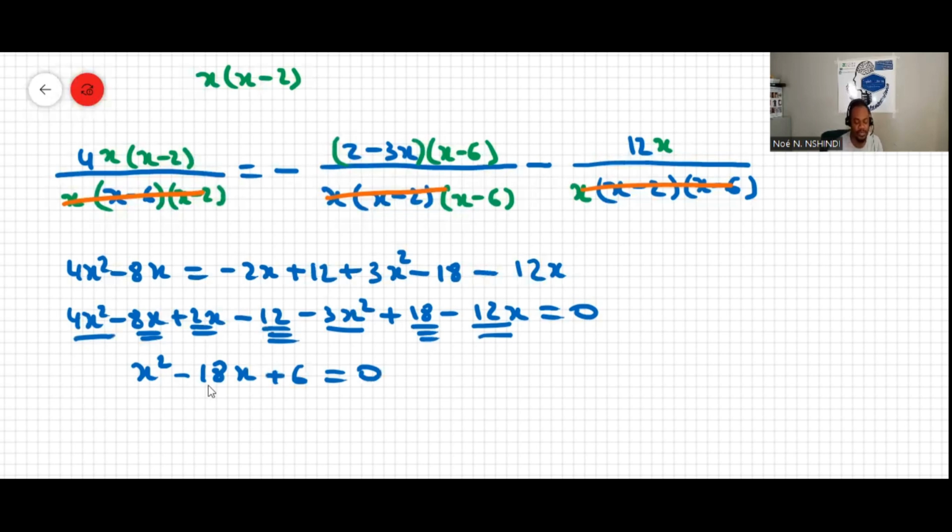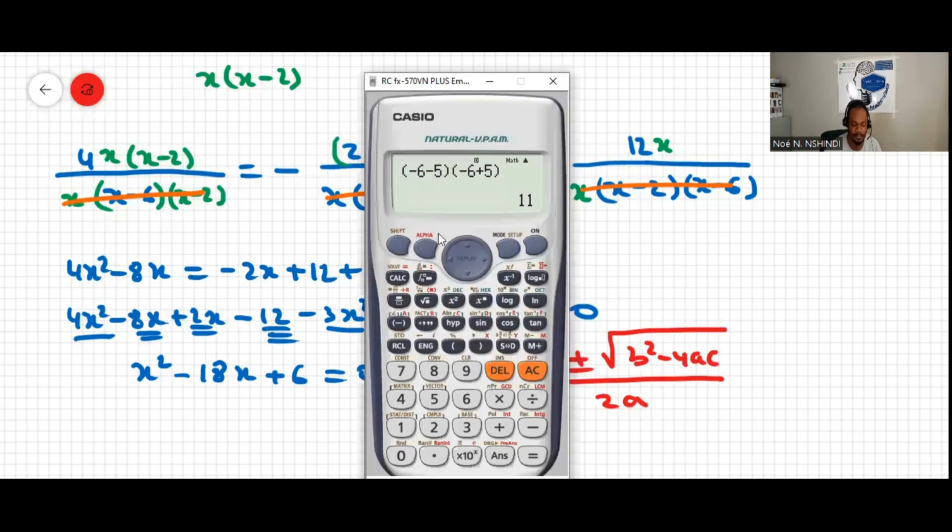Now this is a quadratic trinomial, and no product of 6 will make a sum equal to negative 18. So in this case, we need to use the quadratic formula that is given by minus b plus or minus the square root of b squared minus 4ac, all over 2a. So we can use that.